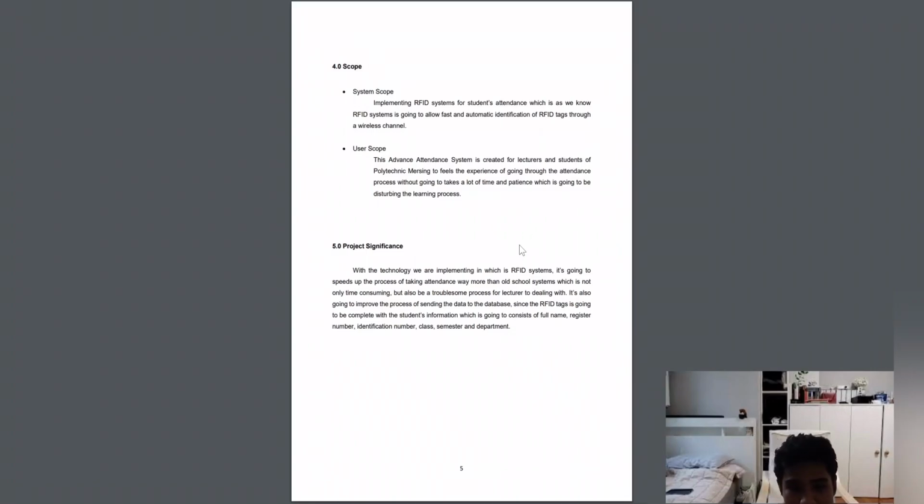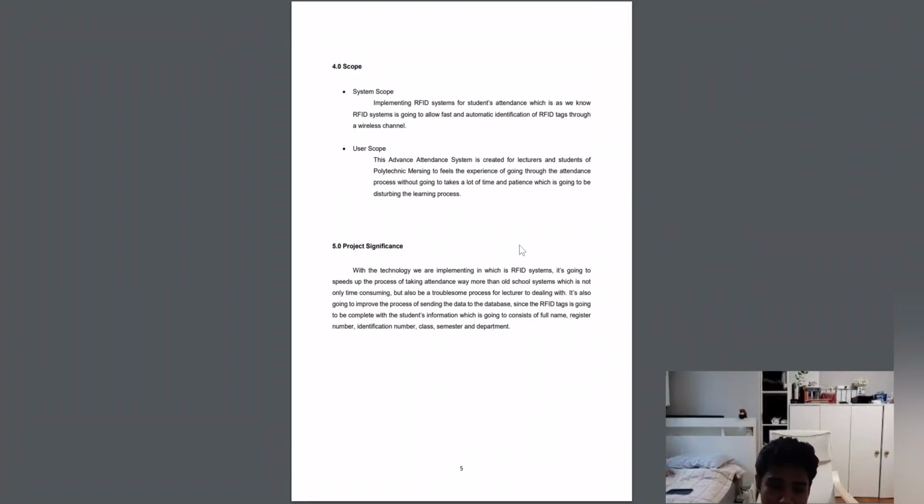Okay, and then the fifth one is project significance. With the technology we are implementing, which is the RFID system, it's going to speed up the process of taking attendance way more than the old school system, which is not only time consuming but also a troublesome process for lecturers to deal with.